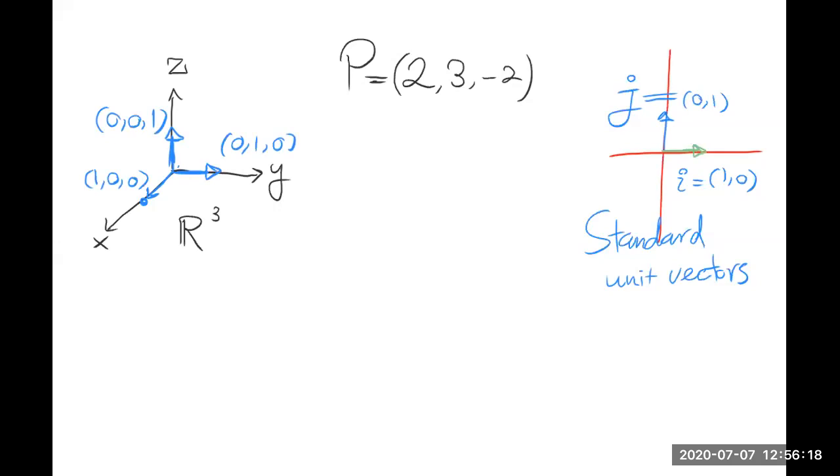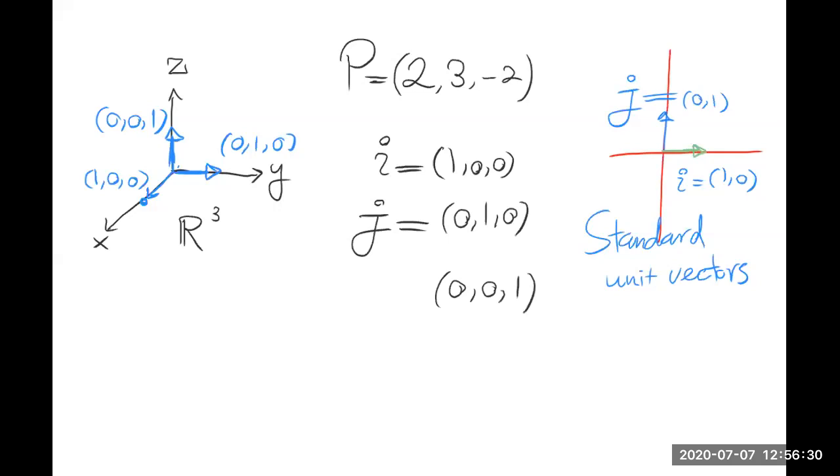The first one, 1, 0, 0, we still show with I. The second one, 0, 1, 0, we show with J. And the last one, 0, 0, 1, we show with K.